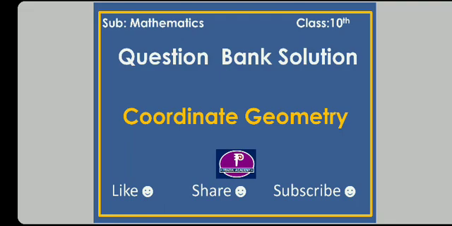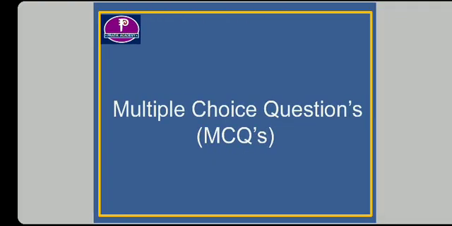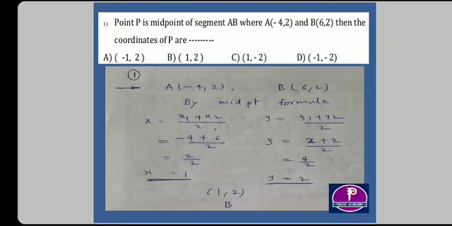In this video, we will discuss problems on chapter coordinate geometry. So let's start with MCQ. First, point P is the midpoint of segment AB, where A is (-4, 2) and coordinates of B are (6, 2).